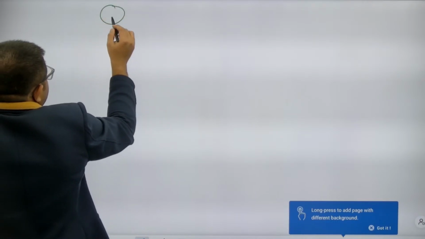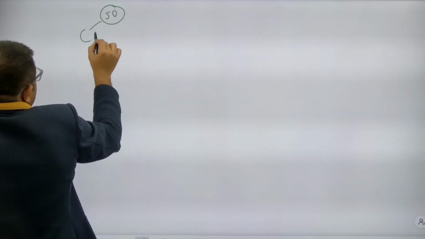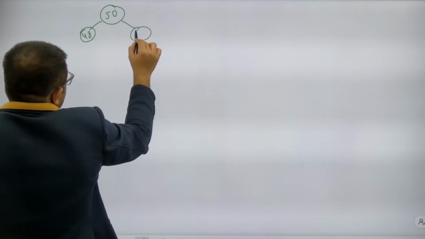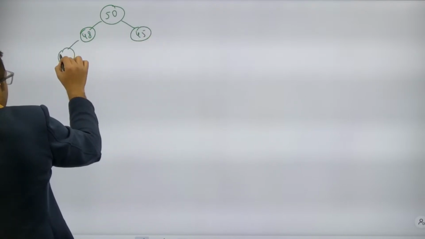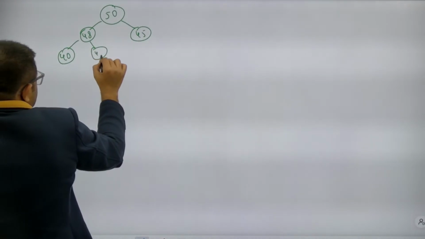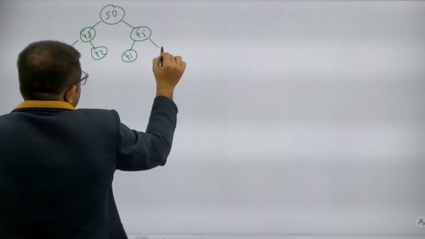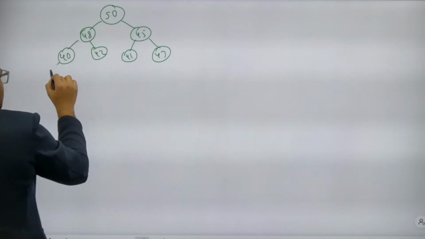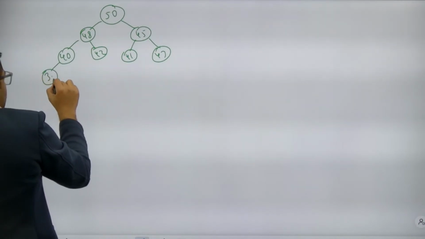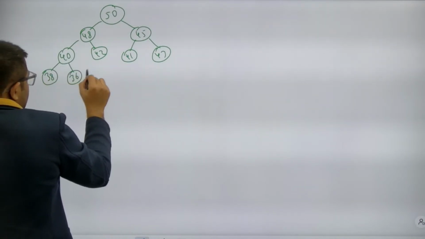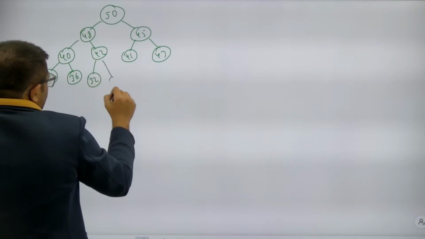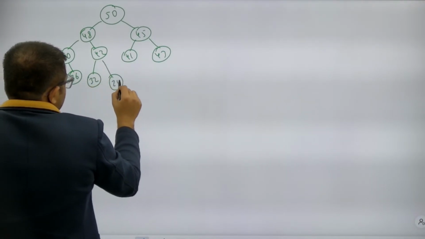Okay, so let's say I have a max heap. Let's say I have 50, I have 48, I have 45, I have 40, then I have 42, I have 41, 43, and I have 38, I have 36, 32, and let's say 20.